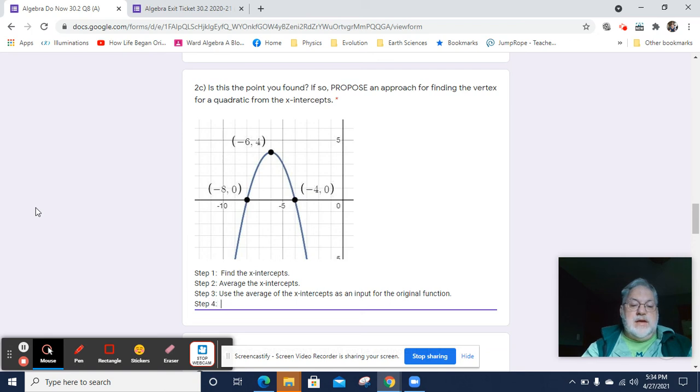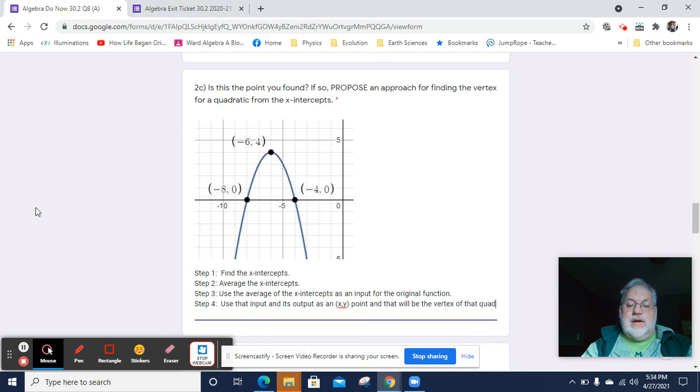Step 4, use that input and its output as an xy point. That will be the vertex of that quadratic.